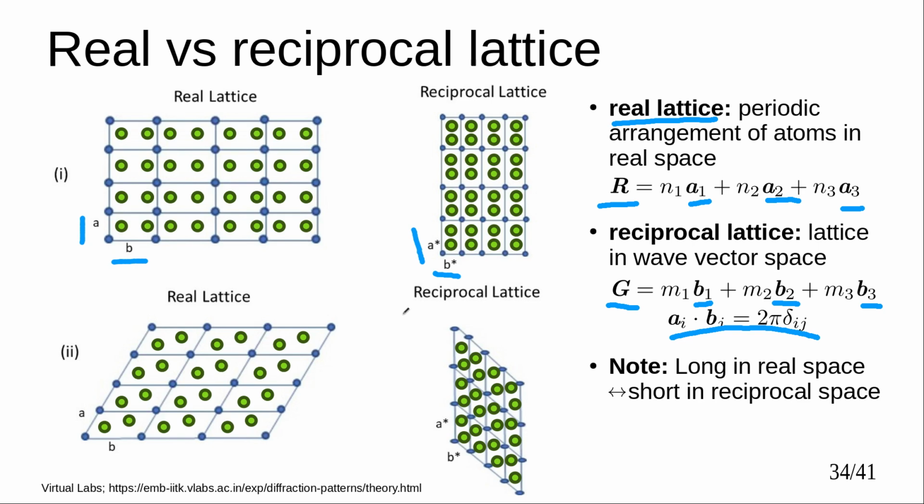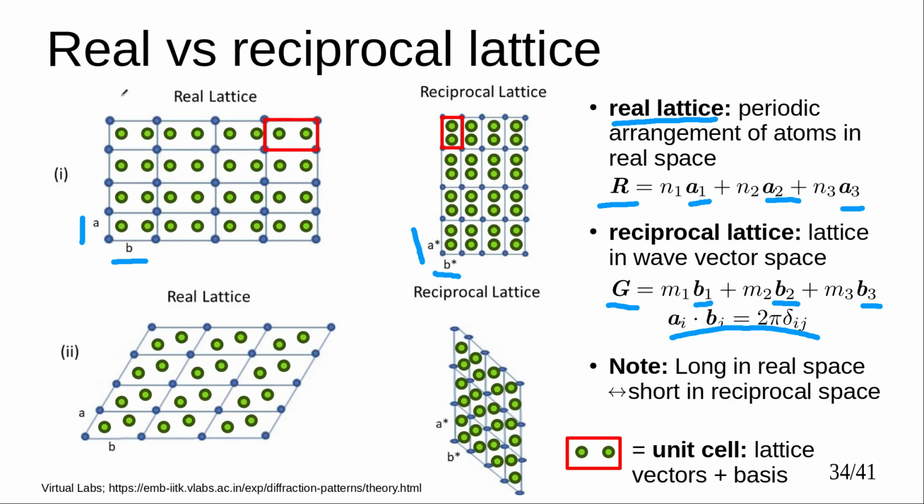And one further important thing in solids is the concept of unit cells. So what is a unit cell? All the green dots I drew here in the real and the reciprocal lattice are basically the basis for a given system. Think about sodium chloride.